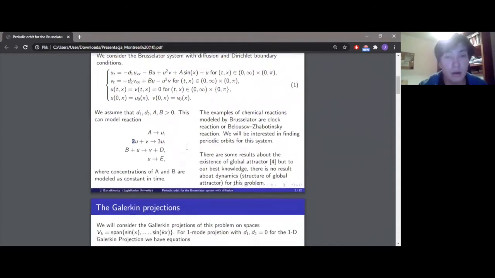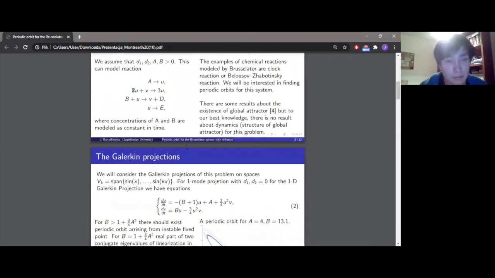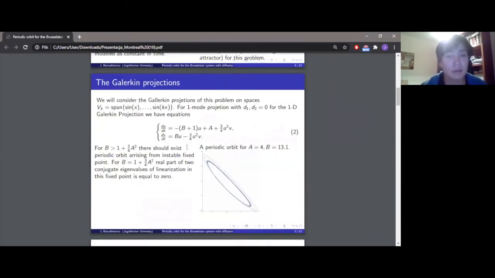So let's go into numerics. We will consider a Galerkin projection on the space of eigenfunctions of the second spatial derivative, with one mode for each variable u and v and no diffusion coefficients, and we have the following system of ODEs.